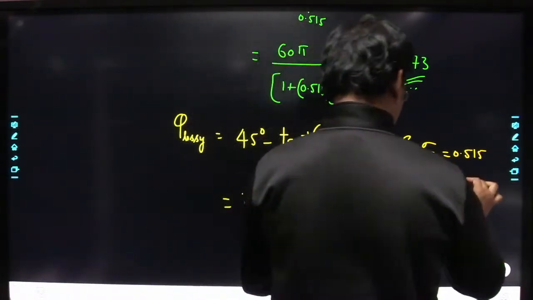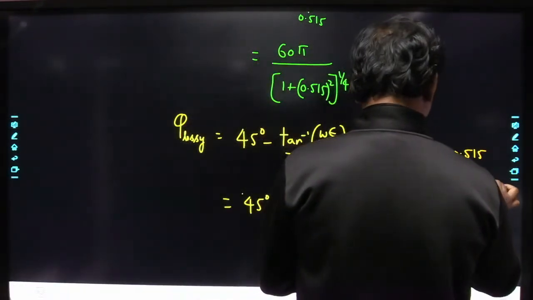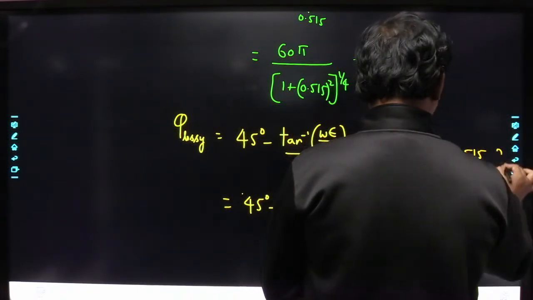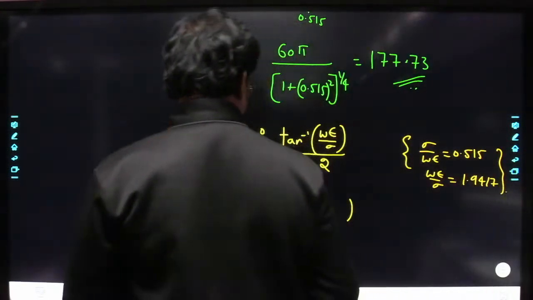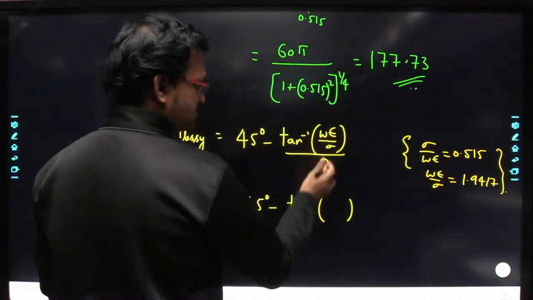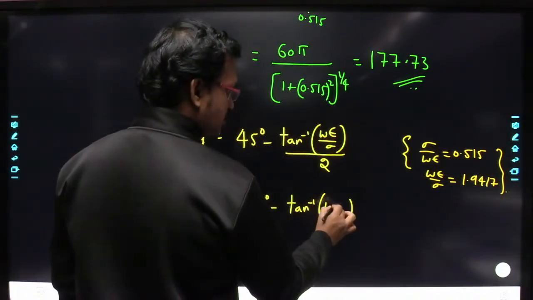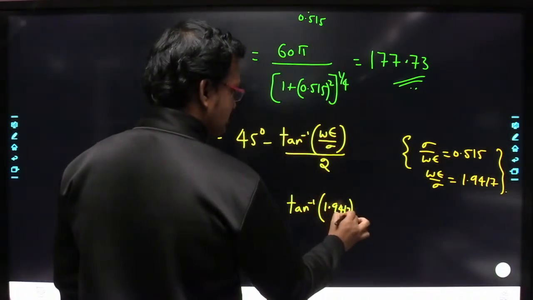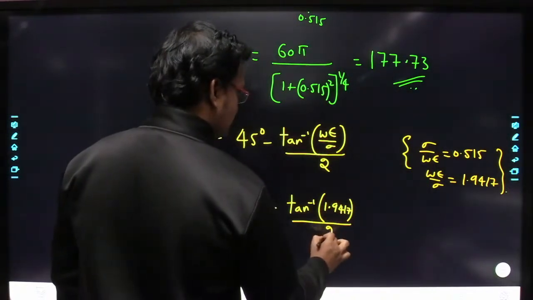So 1 divided by 0.515 is 1.94, so omega epsilon by sigma is 1.9417. Substitute that value, divided by 2.